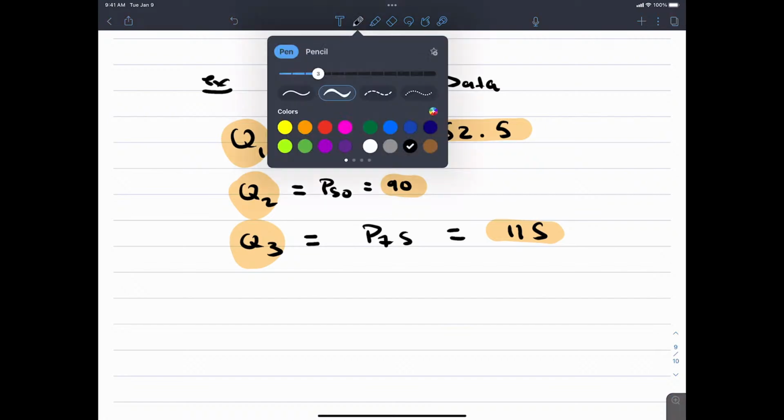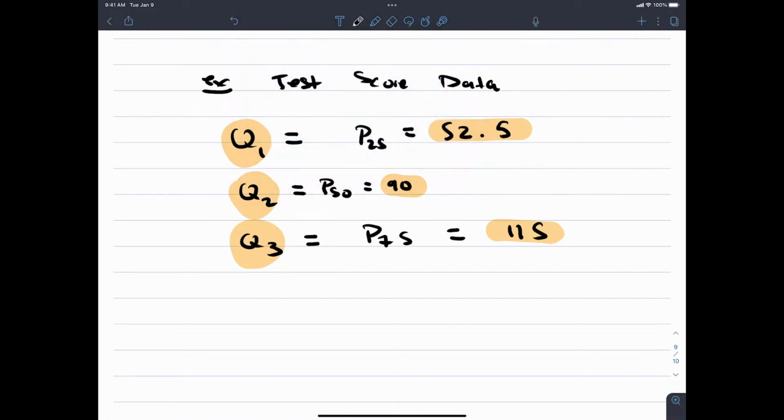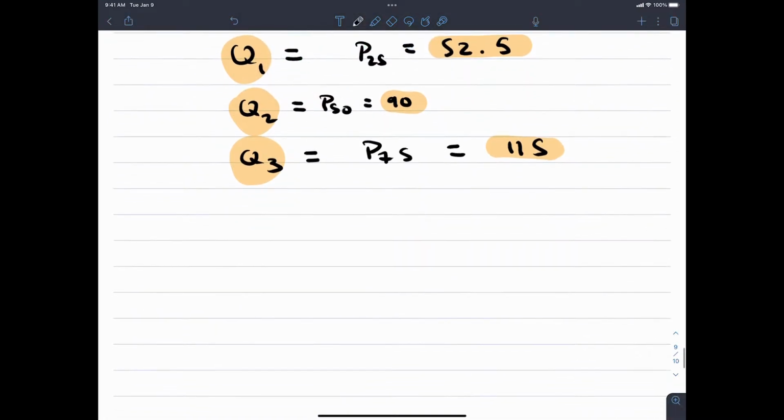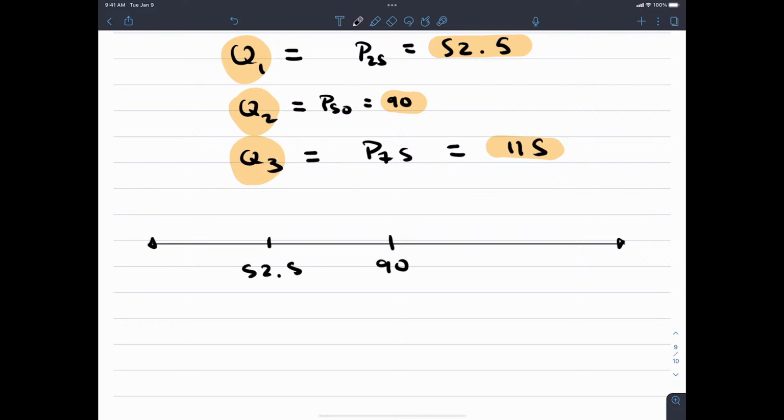So what I want to remark and say to you guys is a few things here. If you were to plot this on the real number line, because remember, this is 4 groups: 52.5, 90, 115. Q1, Q2, Q3.